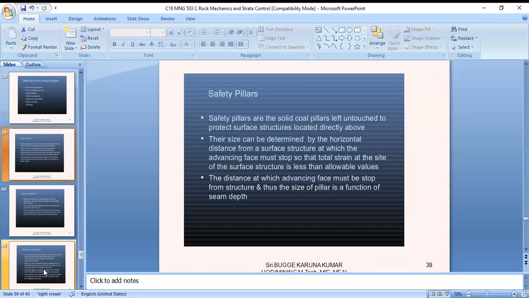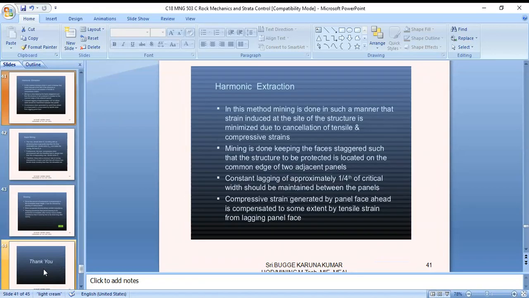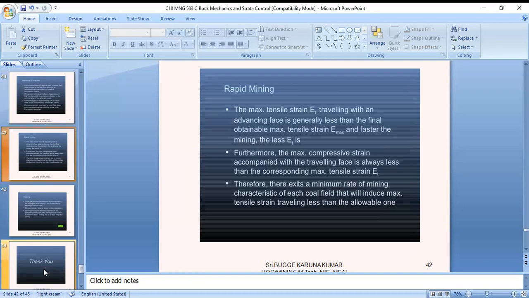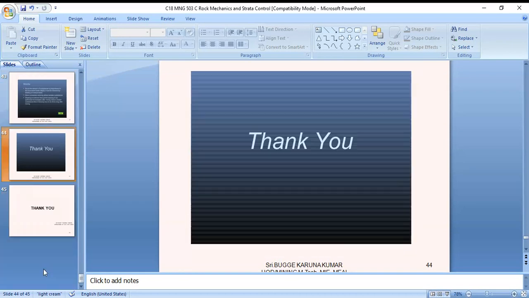That is: safety pillars, partial extraction, harmonic extraction, rapid mining, stowing. So I hope that you understand.